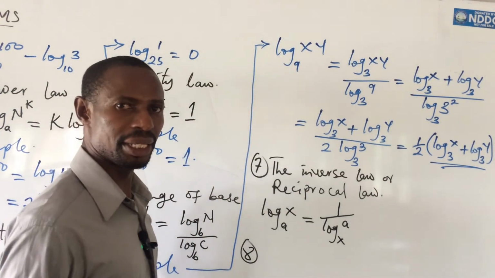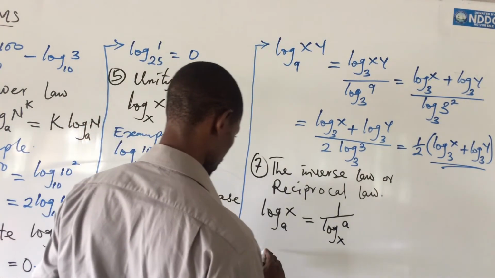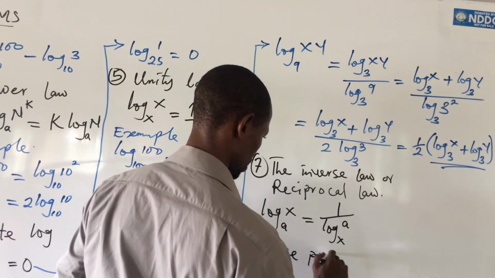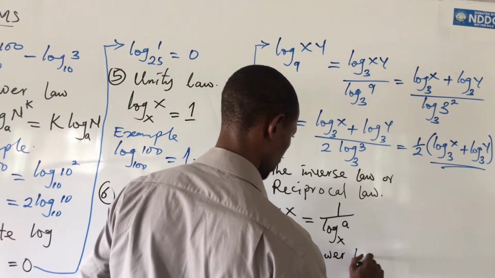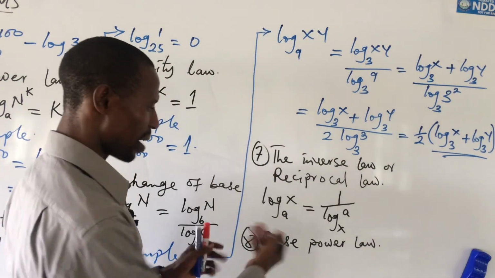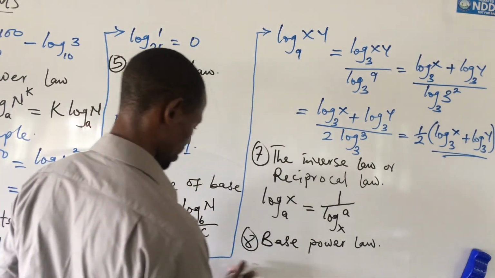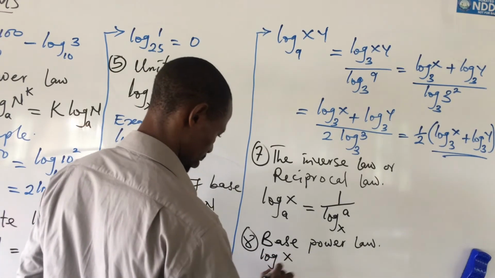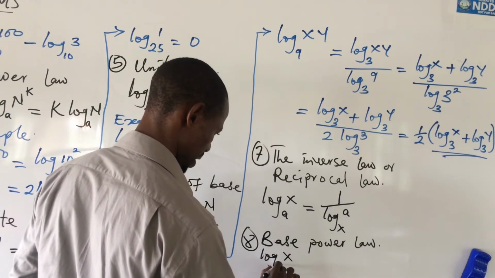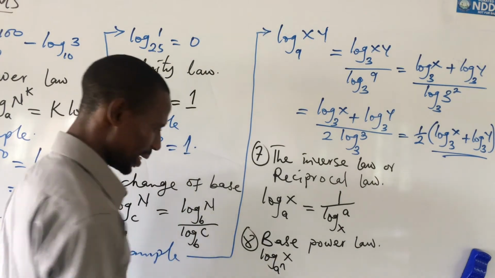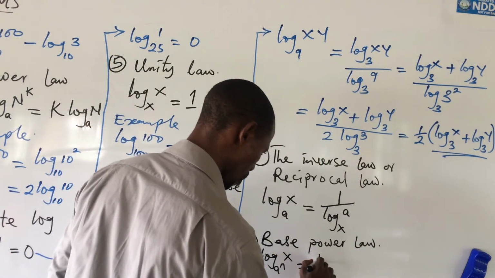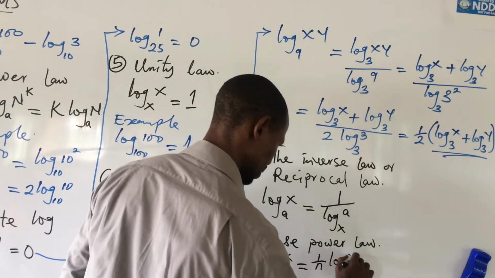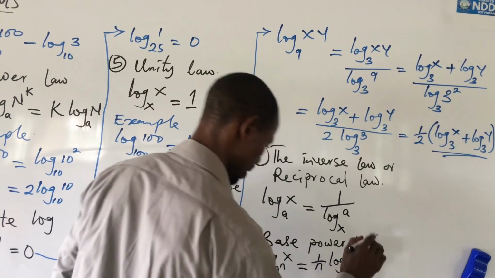We go to rule number 8. I call it the base power law. The base power law states that if you have log x to the base of a raised to power n, then this will become 1 all over n log x base a.